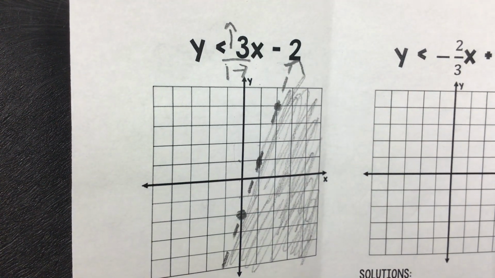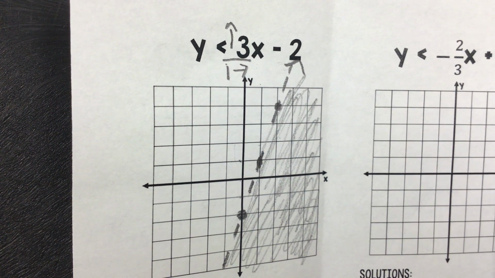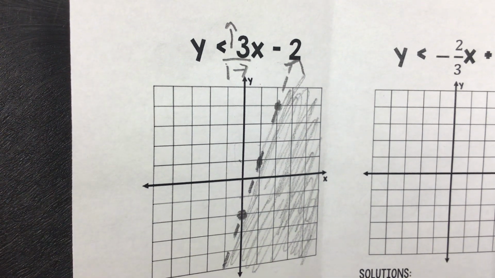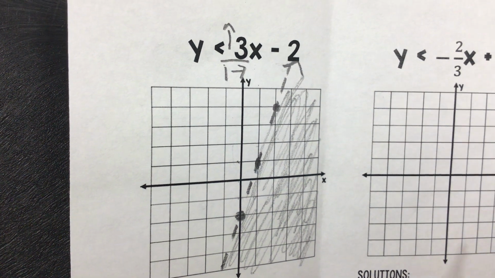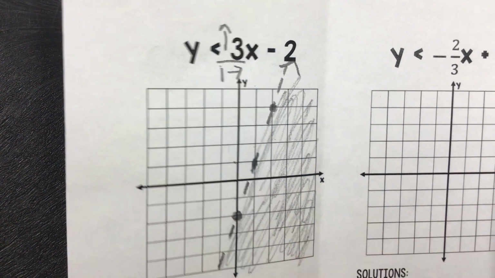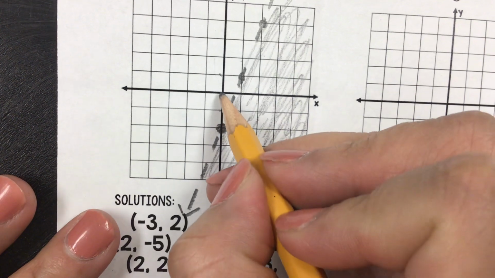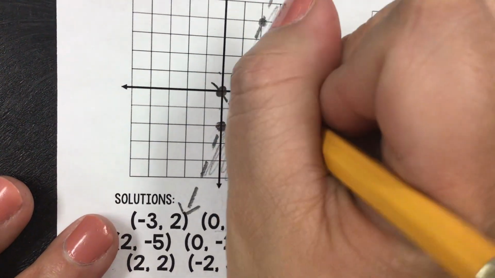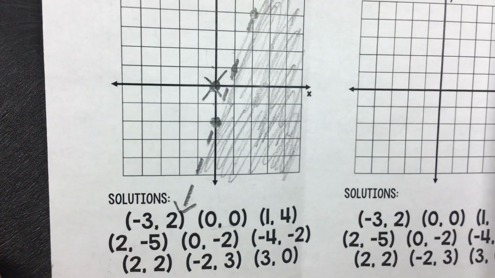And just to save us a little bit of time, I'm not going to do all the points on this graph, but just a few, to make sure that you're okay. Let's try 0, 0. 0, 0 is right there. And since it's not in the shaded region, this would not be part of the solution set.